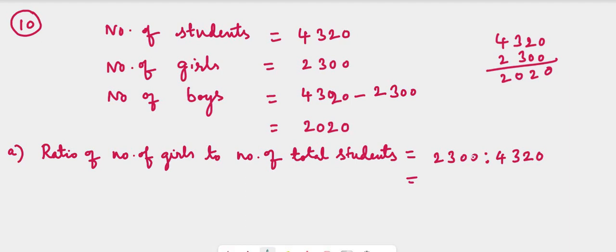So both end with 0, 0 cancel. Next, both are even numbers. So you can, two table is possible. That is equal 115 is half of the 432, 216. This is the ratio of number of girls to number of total students.